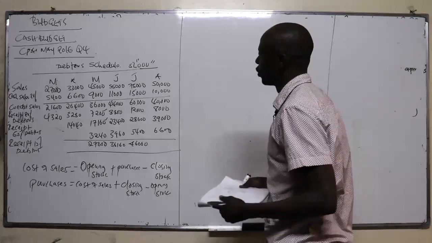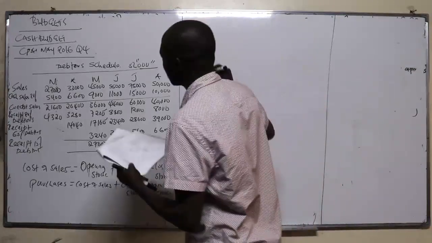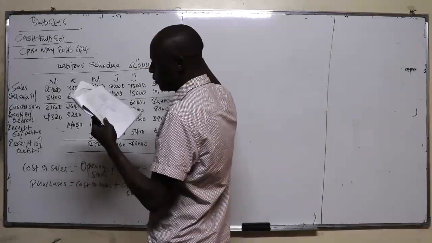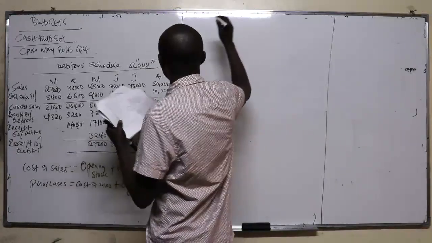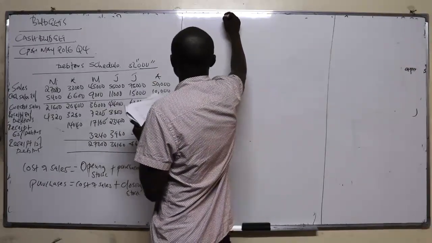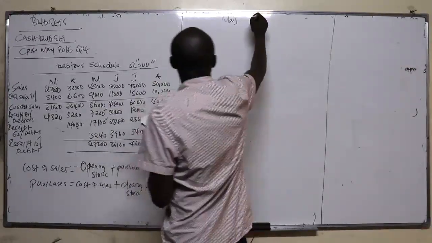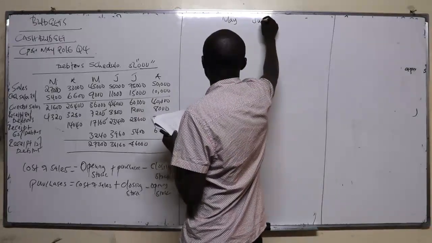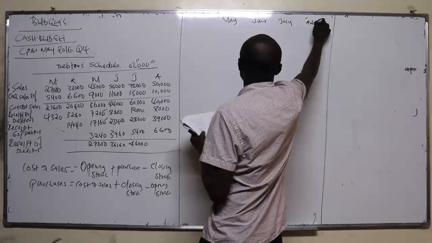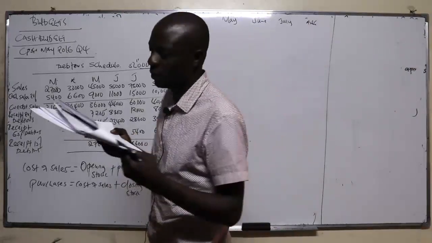So determination of the stocks. So we have the month of May, June, July, and August. Is it so?